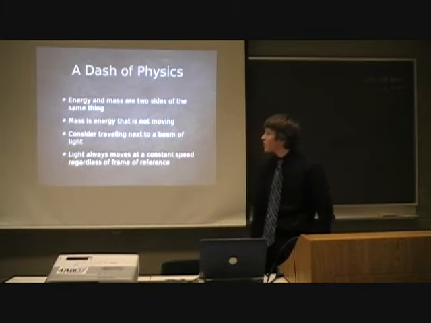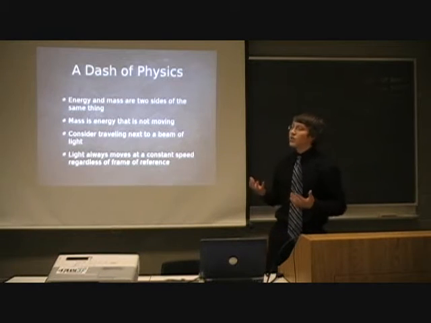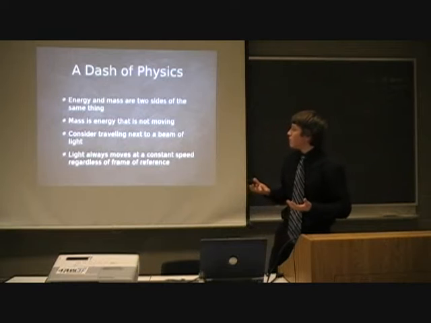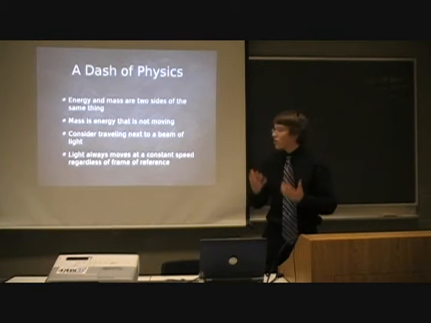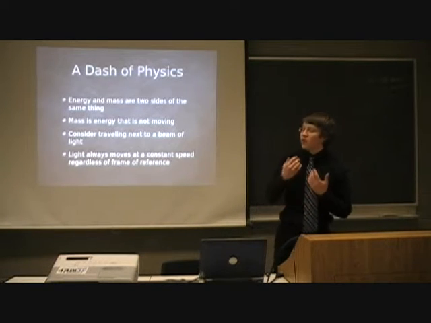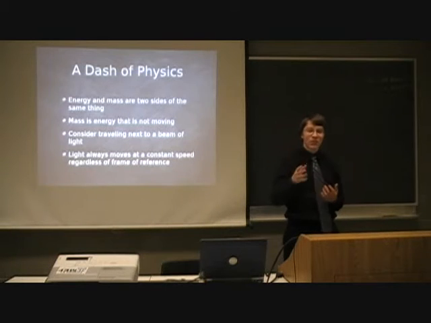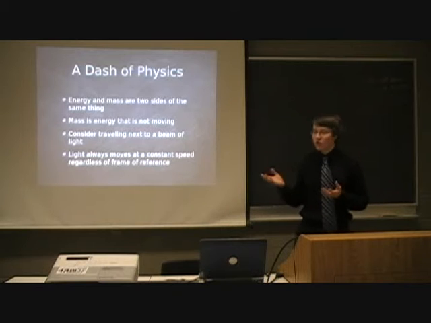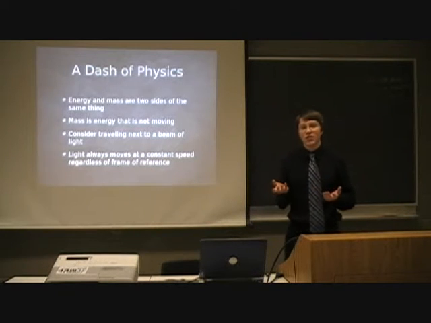So, foundation physics. Energy and mass are two sides of the same coin. Mass is energy that's not moving. So, if you've got a light beam and you're traveling next to it, and if you can travel at the same speed of light, you can look over and, relative to you, it's not moving.